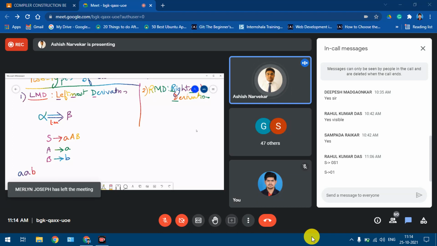If I want to do a leftmost derivation, I'll have to consider this particular production rule. So I consider S derives AB.